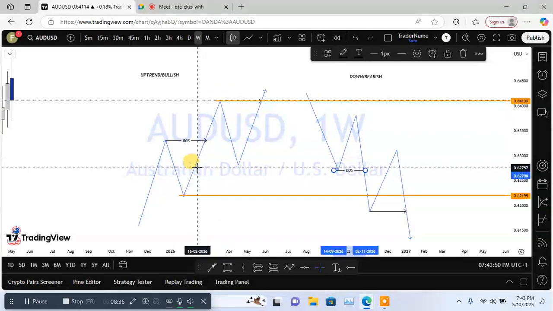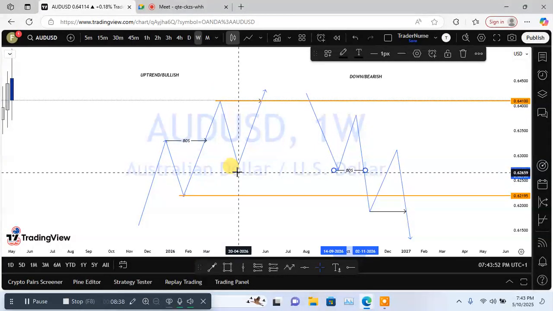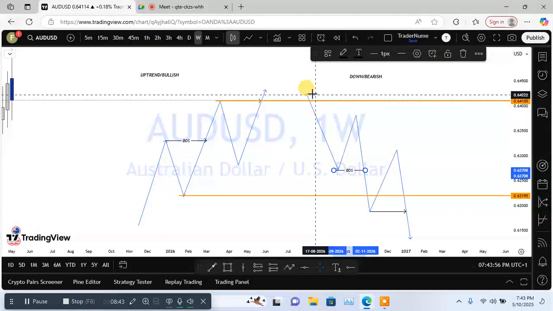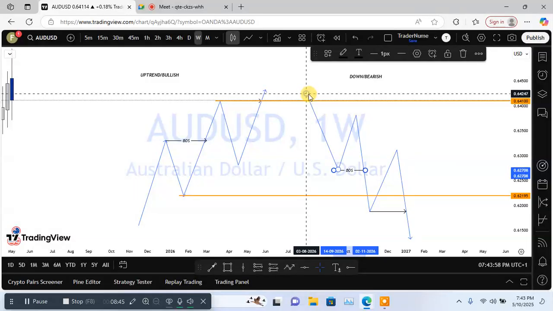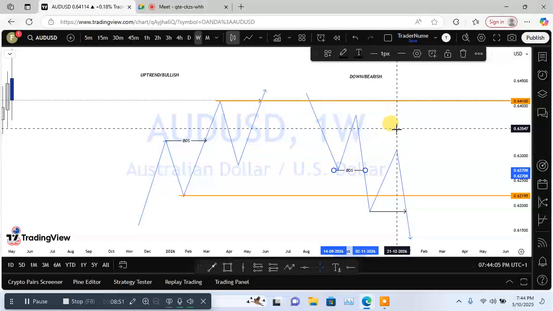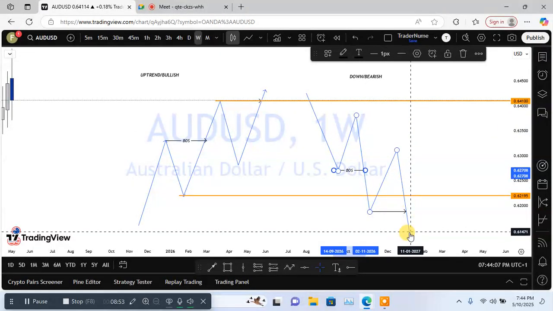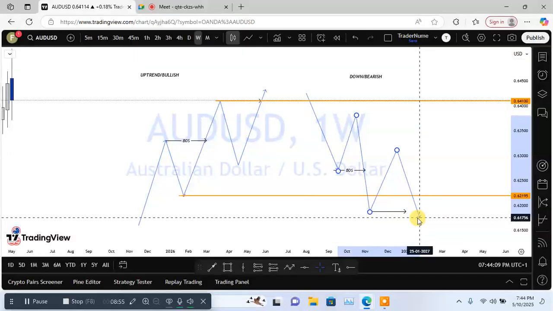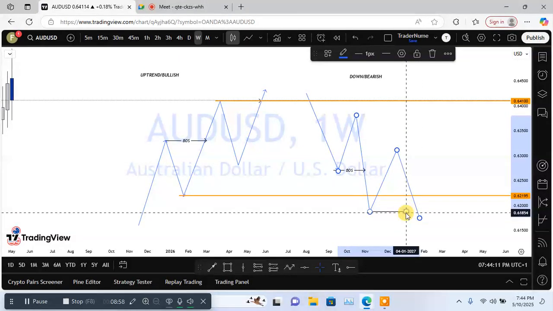Like I said, market will go up and break structure, come down and break another structure for a bullish trend, but for a bearish trend, it goes from higher low to lower low. I won't be using some grammar because you don't even need all that for trading.